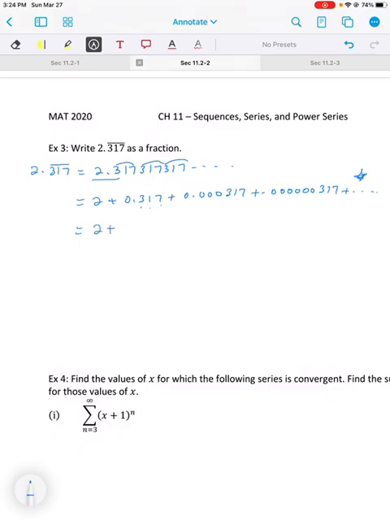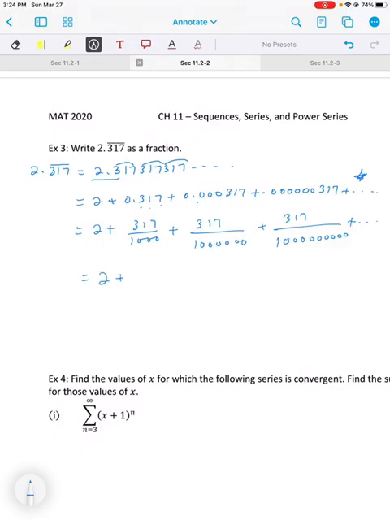So 2 is just there, and we can write this as 317 over 1000 plus 317 over, how many? 6 zeros, and then 317 over 9 zeros, plus dot dot dot.